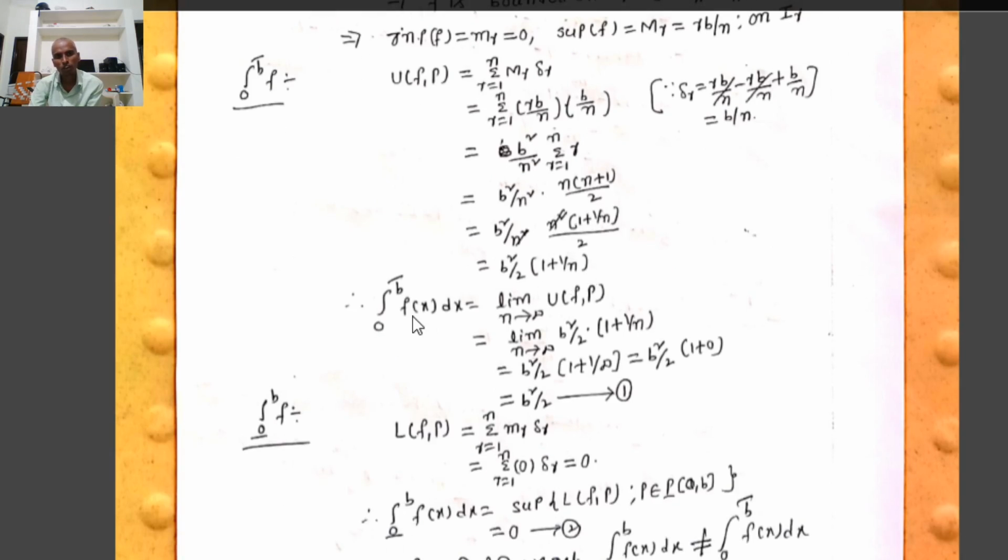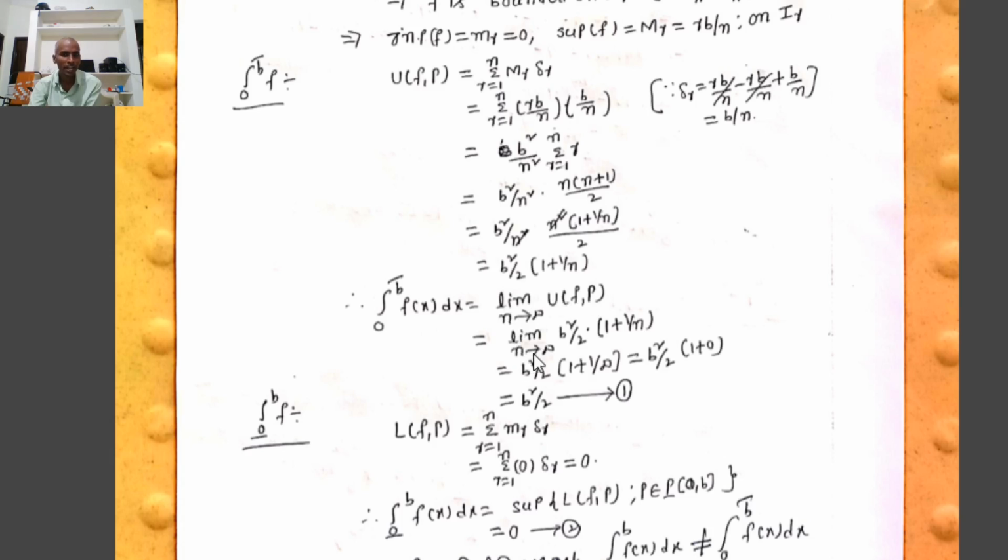Therefore by the definition of upper Riemann integration, the upper integral from a to b of f of x dx equals the infimum of the set of all upper Riemann sums, which is the limit as n tends to infinity of UFP. Here the upper Riemann integral from 0 to b of f of x dx equals the limit as n tends to infinity of UFP, which is b square by 2 into 1 plus 1 by n.